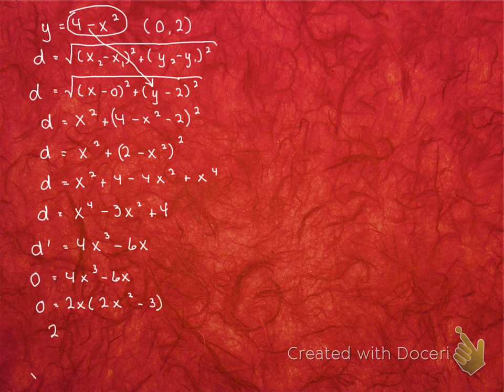So 2x will equal 0 and x equals 0, or 2x squared is equal to 3 and x is equal to plus or minus the square root of 3 over 2. So those are the critical numbers. Now, what we need to do with this particular problem is set up our interval table.